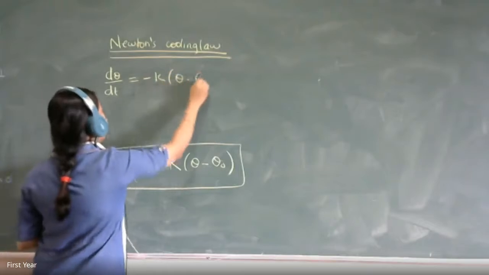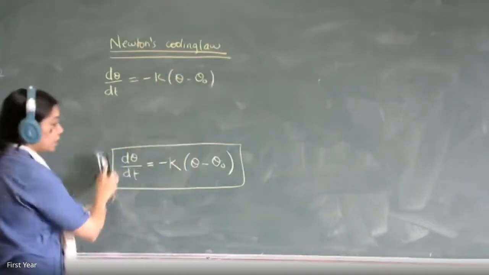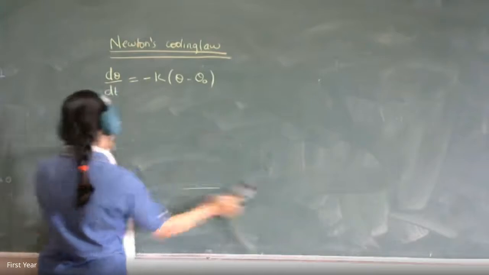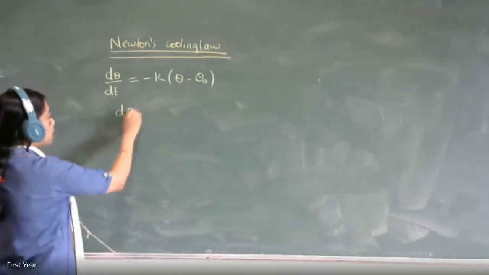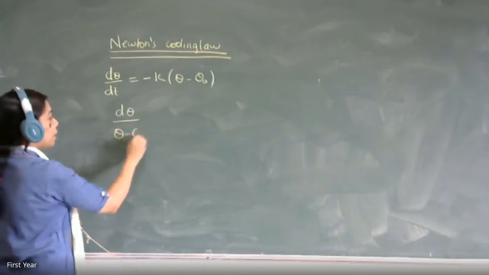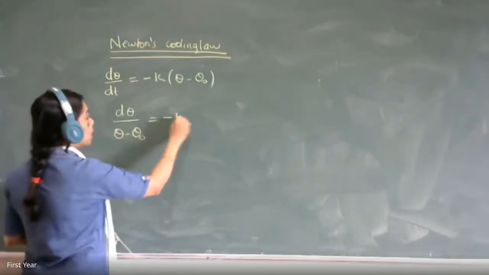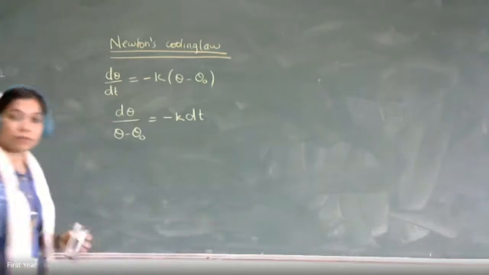Theta naught is fixed, the surrounding temperature is fixed. Theta is changing. So solving this by variable separable, d theta upon theta minus theta naught is equal to minus k dt. Okay? Everyone?